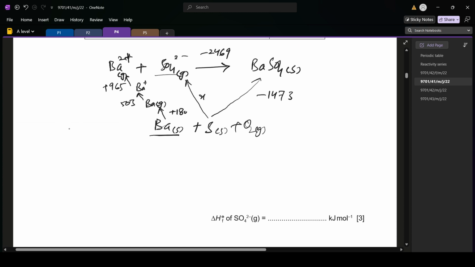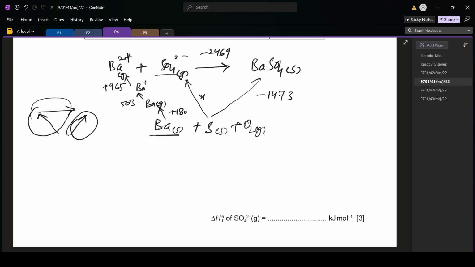See the arrows which go head to tail. So the cycle goes like this, with this part on one side and this part on the other side. So 180 plus 503 plus 965 minus 2469 plus x is equal to minus 1473.